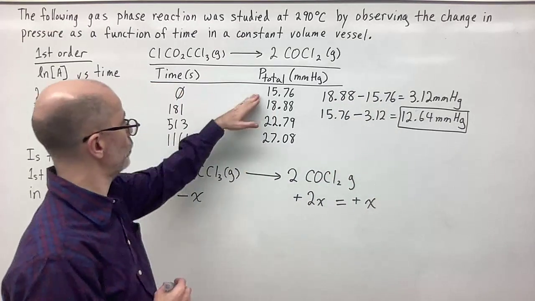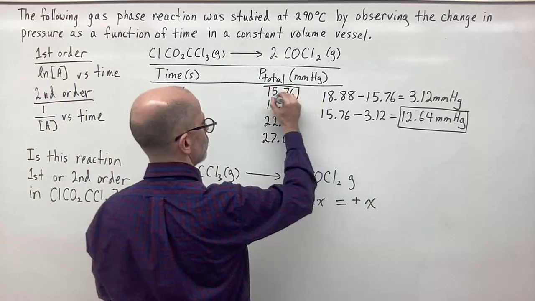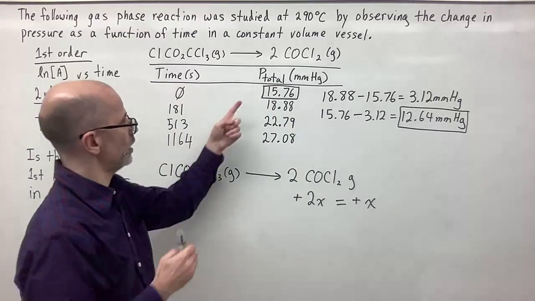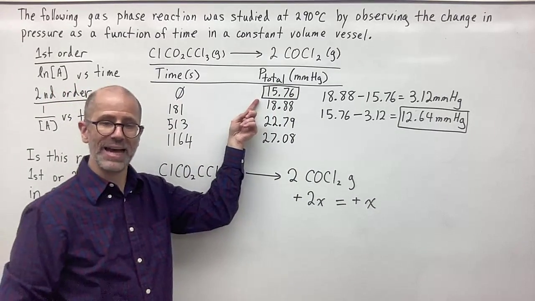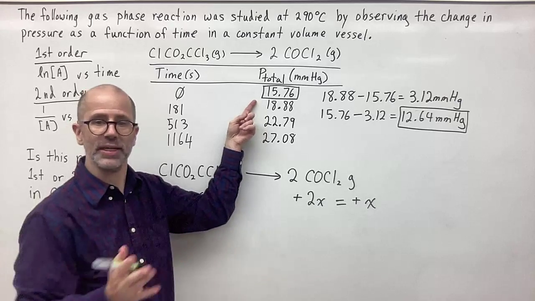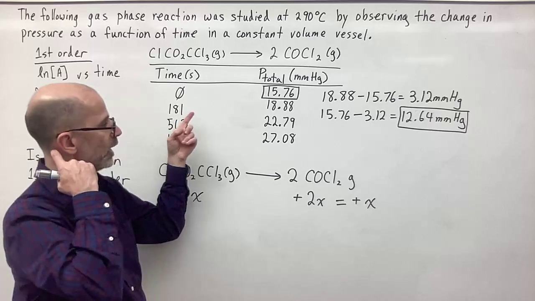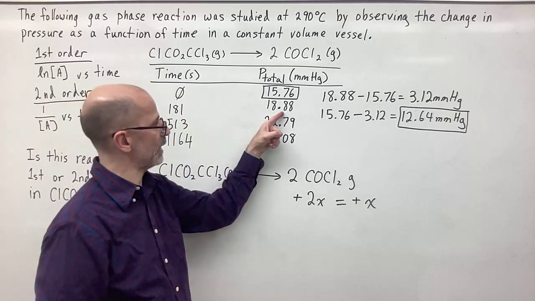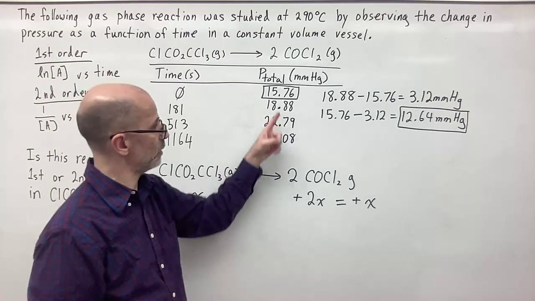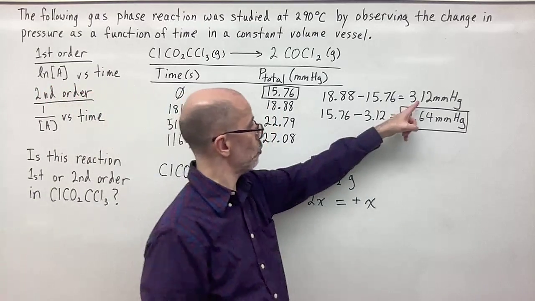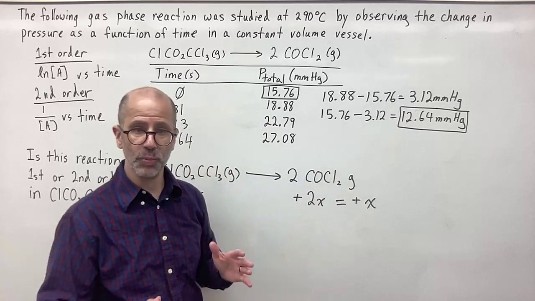So I started with this at time 0. Let me put a box around that because that's going to be important. So I start with this as my total pressure with only reactant at the beginning of the reaction when nothing has happened. But after 181 seconds, now I've gained this pressure. That gain was a 3.12 gain in the total pressure.